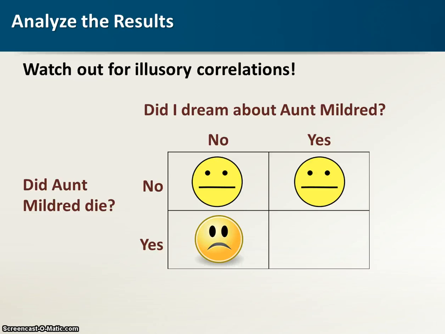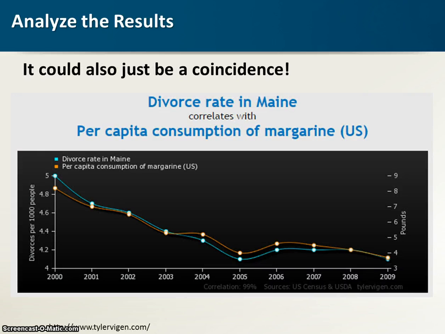Who would have thought? So it's not going to strike them. But on that rare occasion where someone dreams about Aunt Mildred and she dies, now this is going to get their attention and they're going to really think that there is a stronger correlation between dreams and death than there really was. And again, like I said, it could also just be a complete coincidence.